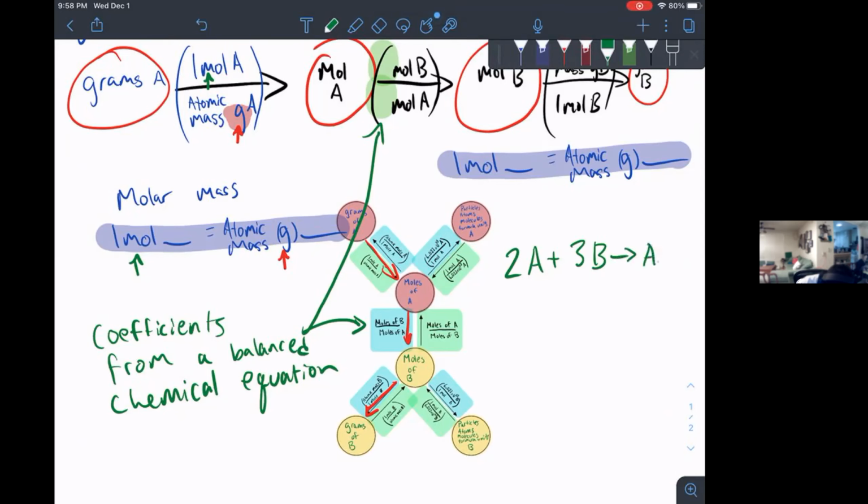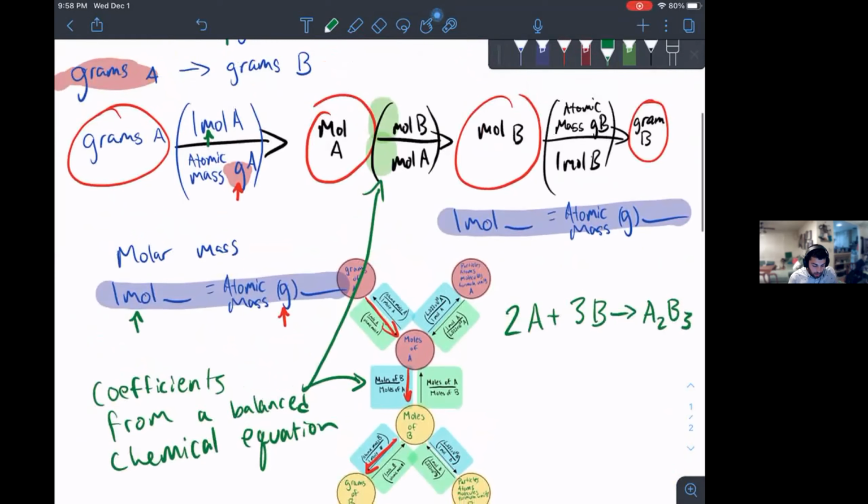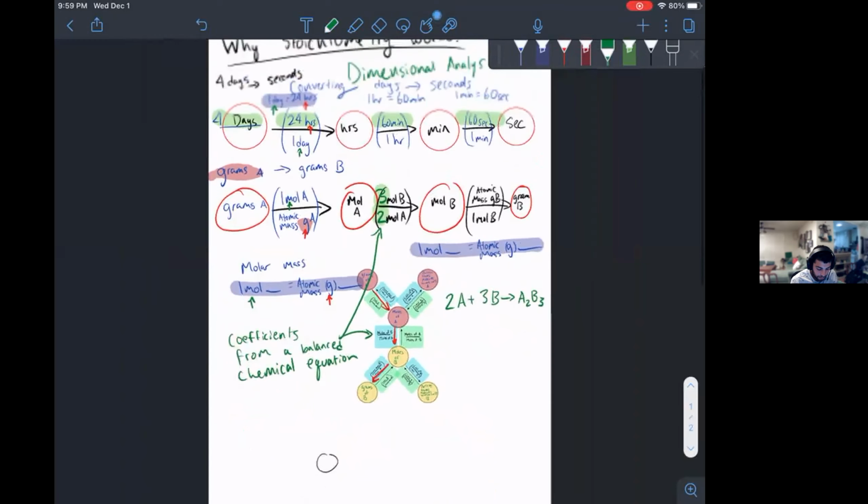This would be A2B3. So the coefficient of A is 2, so we would actually have 2 moles of A. And the coefficient of B is 3, so we would have 3 moles of B. And that's how we fill in those. So you definitely need a balanced chemical equation.